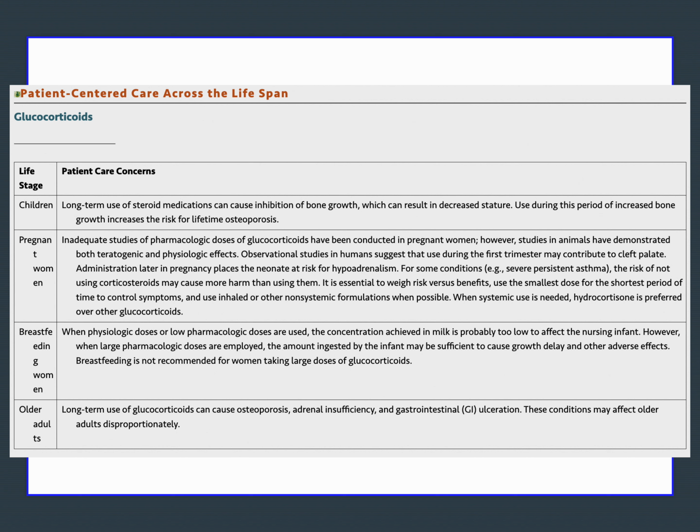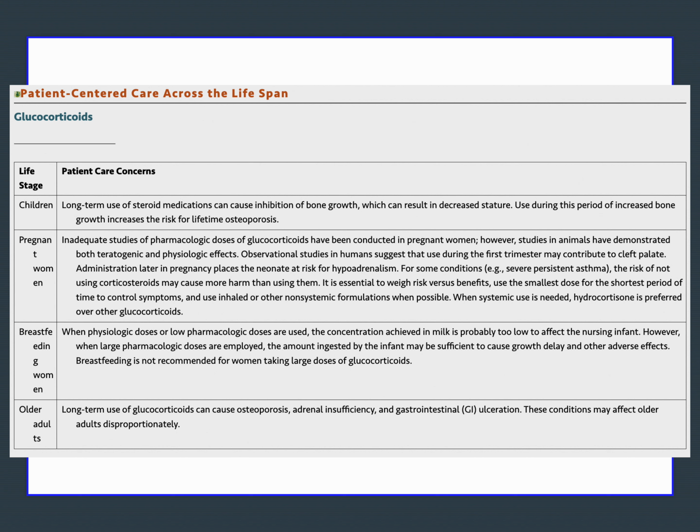There is inadequate studies for pregnant women in terms of pharmacologic dosing of glucocorticoids. However, animal studies have shown that they can be not only teratogenic, but also cause physiologic effects. During the first trimester, it can contribute to cleft palate.